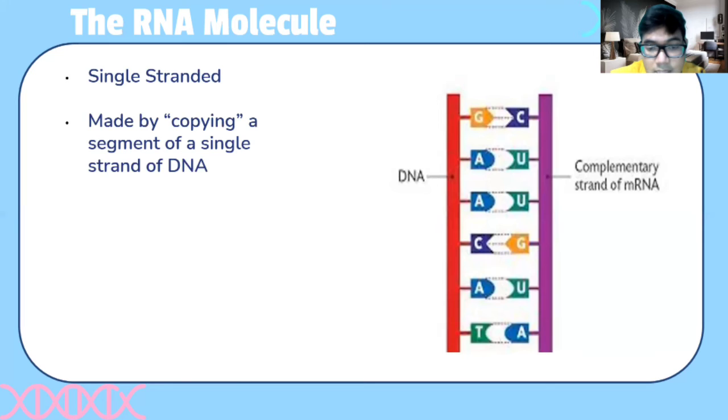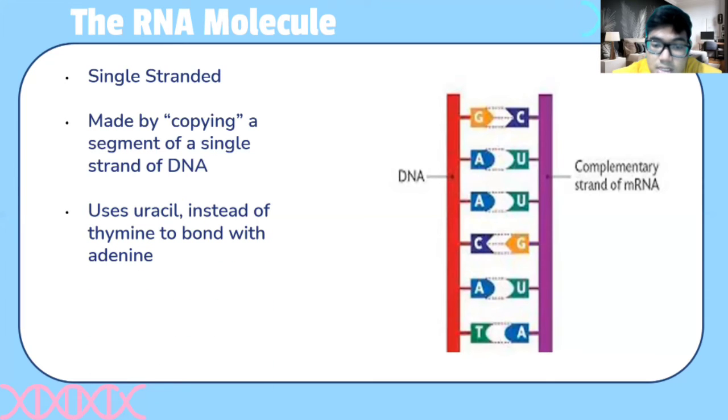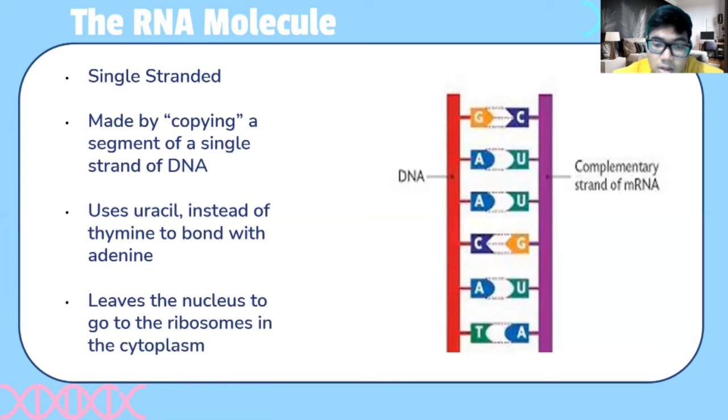Next, RNA is made by copying a segment of a single strand of DNA, so it is not the entire genetic code, it's just a piece of it. Third, it uses uracil instead of thymine to bind with adenine. And last, it leaves the nucleus to go to the ribosomes in the cytoplasm, to be used in making proteins.